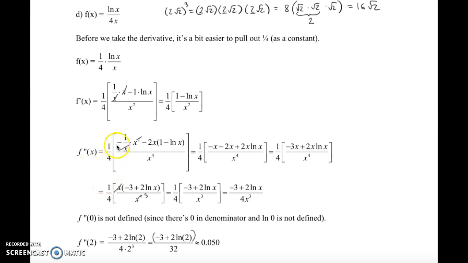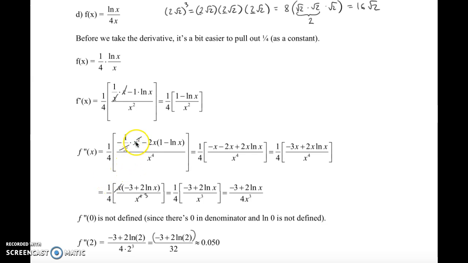So then we have negative 1 over x now times x squared, and then minus 2x times 1 minus ln of x over x to the 4th. In this case, we're going ahead and using a little bit of chain rule here. Still leaving our 1/4 out to the side.